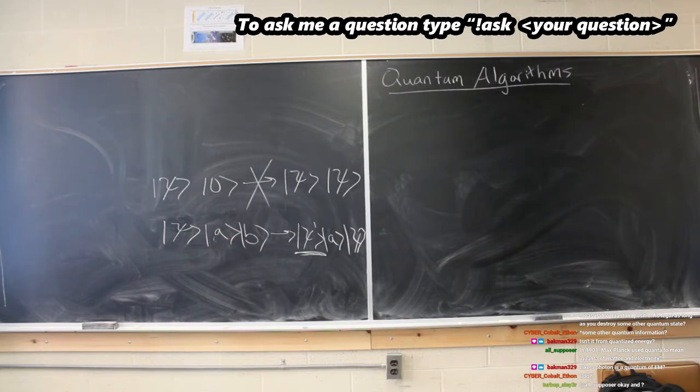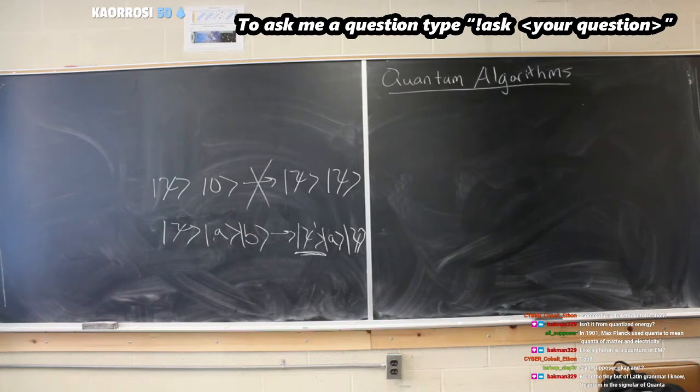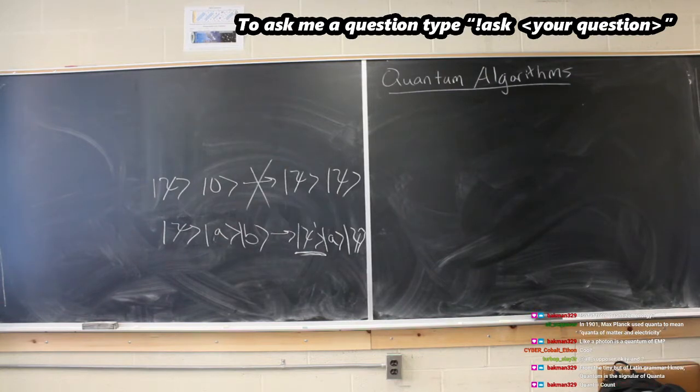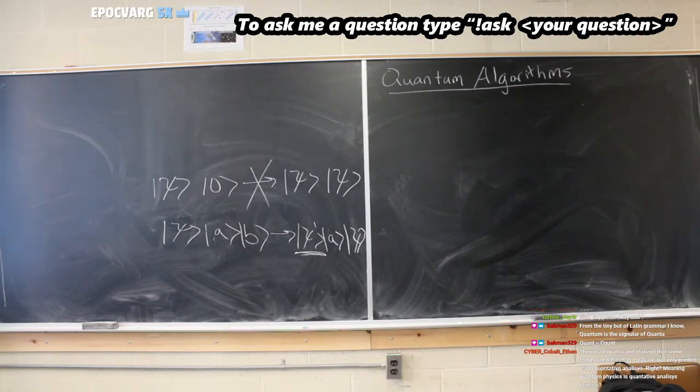Like a photon is a quantum of E and M. Yeah, but what does the word quantum mean? In 1901, Max Planck used quanta to mean quanta of light. That's where the origins of the word came from. From the tiny bit of Latin grammar I know, quantum is the singular of quanta. Quanta or quant count. So small but countable?